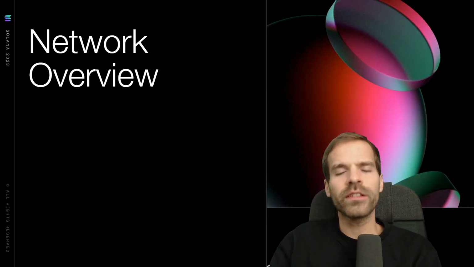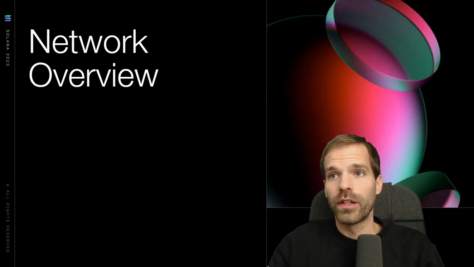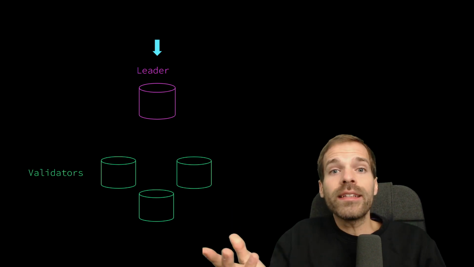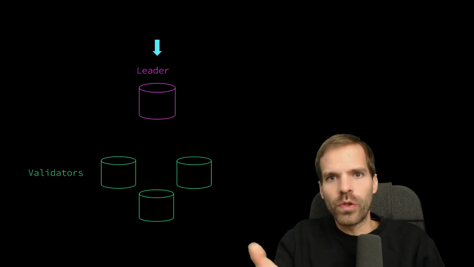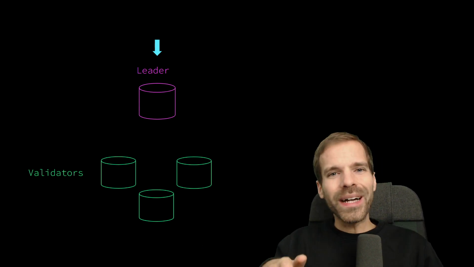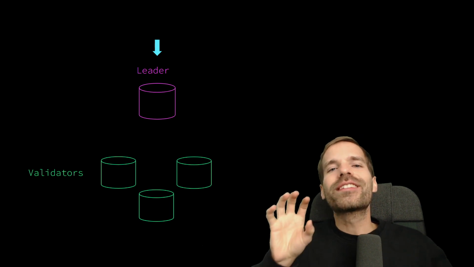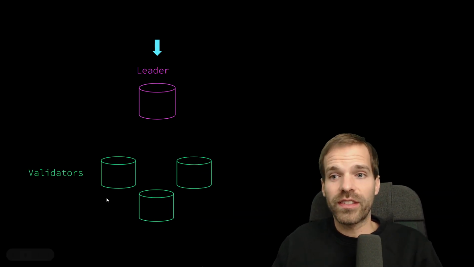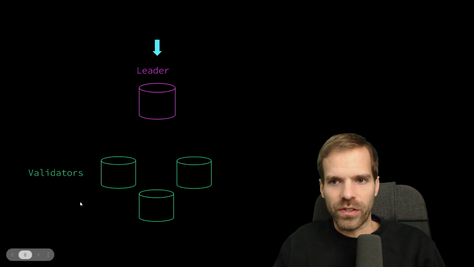So let's look into the details of that a bit. So let's look at this network of Solana. There is no one central entity that provides you with the service like Amazon or Google would do, but Solana is made up of several entities that all work together to sync this state, the so-called validators.